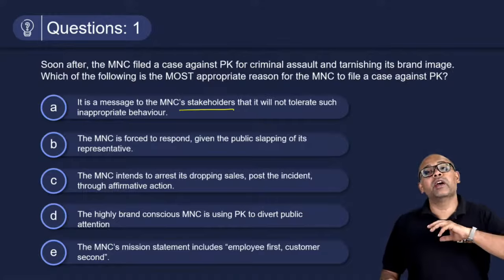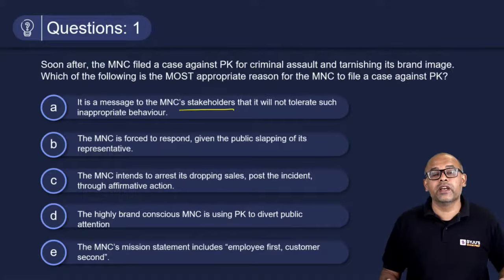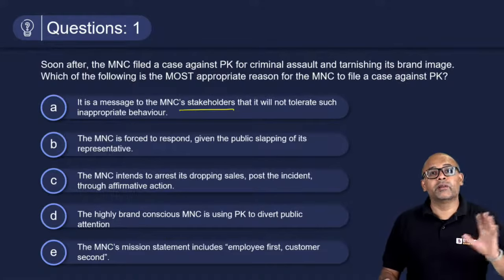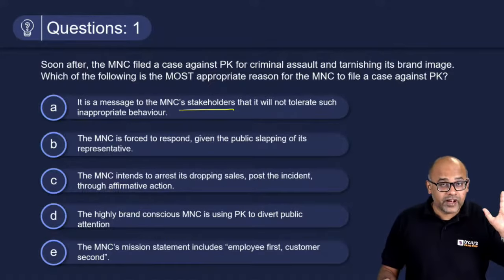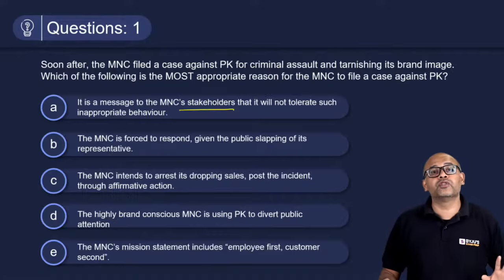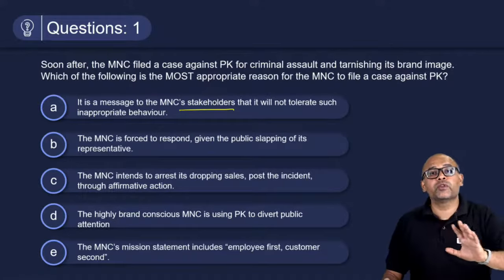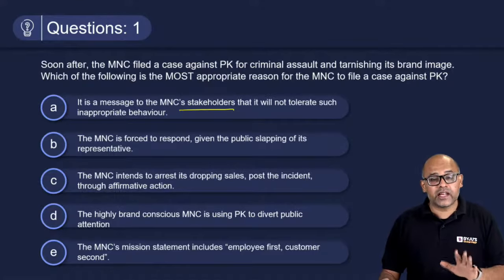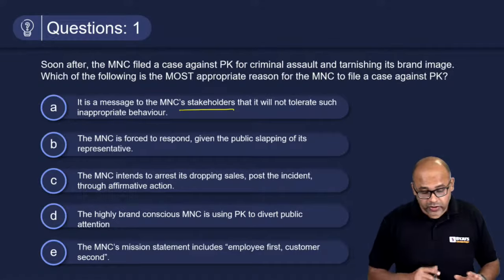It could have been any number of things that went wrong that day. Somebody cannot hit my representative. Even if we are really at fault, it is still not the person's job to raise a hand. You can't indulge in violence irrespective of what has happened. So keeping that in mind, I would probably say A is the correct option, but let's take a look at the other answer options also.